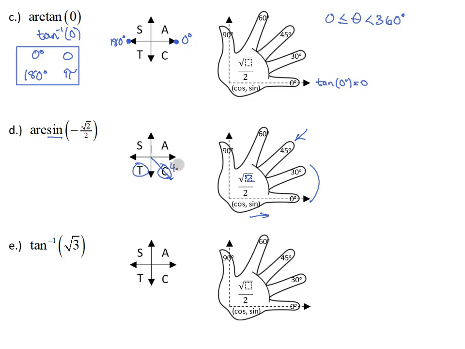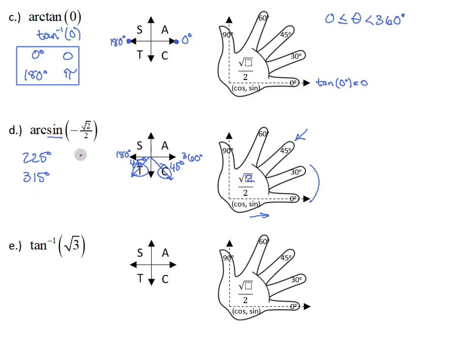So we are 45 degrees away from the x-axis in both of these quadrants. So I could think of this as 180 plus 45 for quadrant 3, which is 225, and 360 minus 45, which ends up being 315 in quadrant 4.